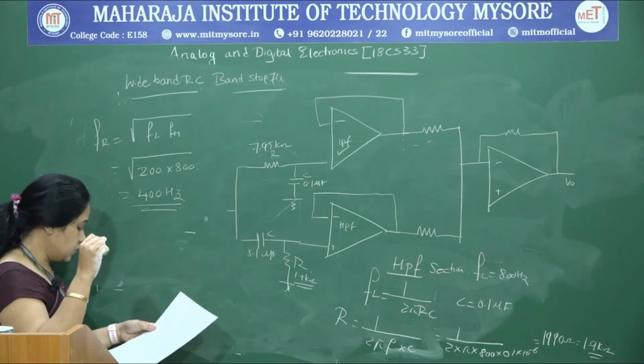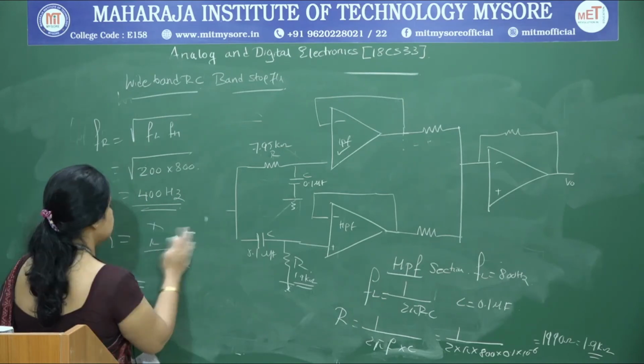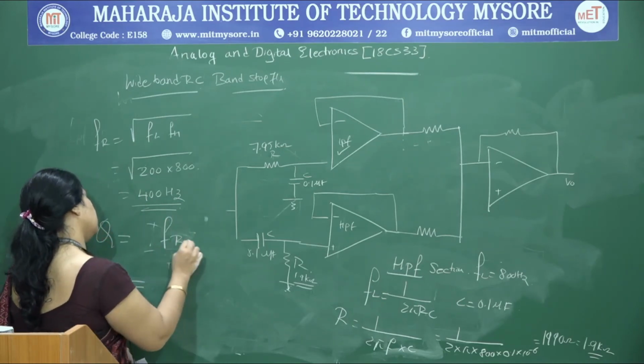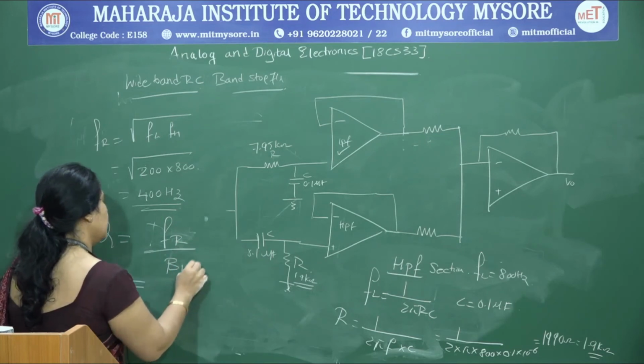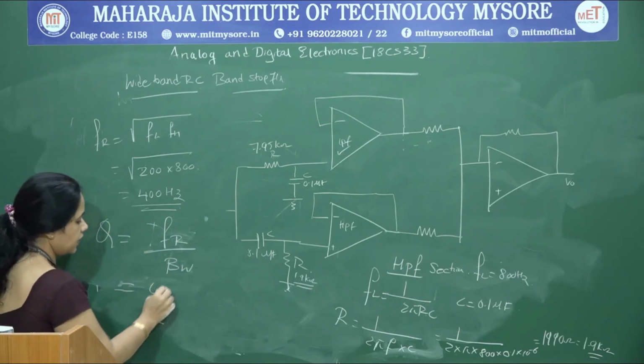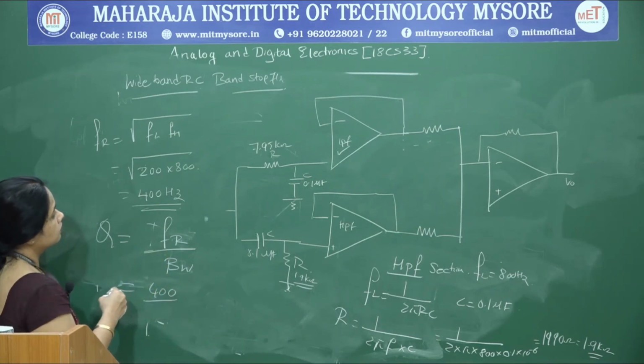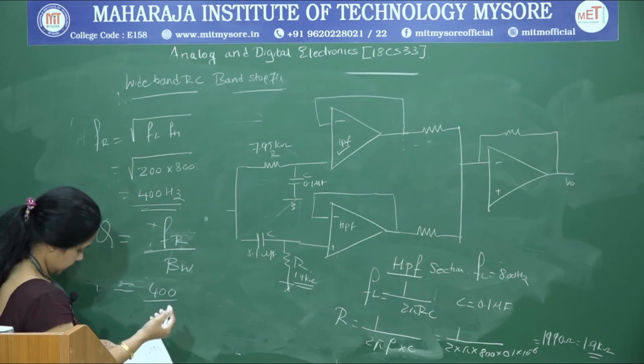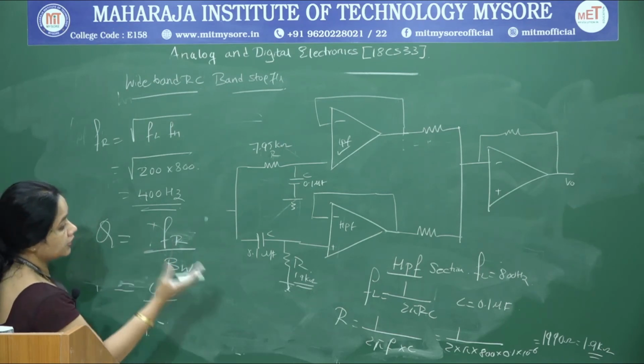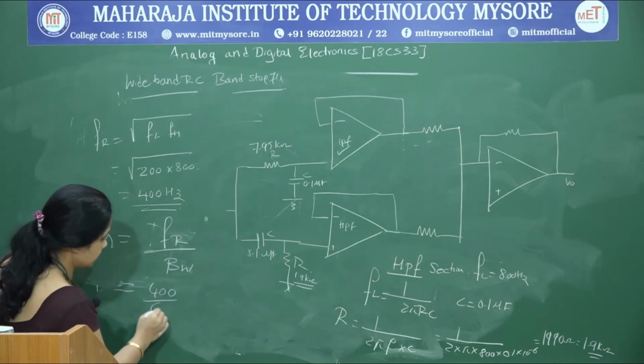Now you are also asked to determine the Q factor, it is the ratio of notch frequency by bandwidth, and notch frequency is 400 and bandwidth is the difference between upper and lower cutoff frequency, which is 800 minus 200, which is 600.